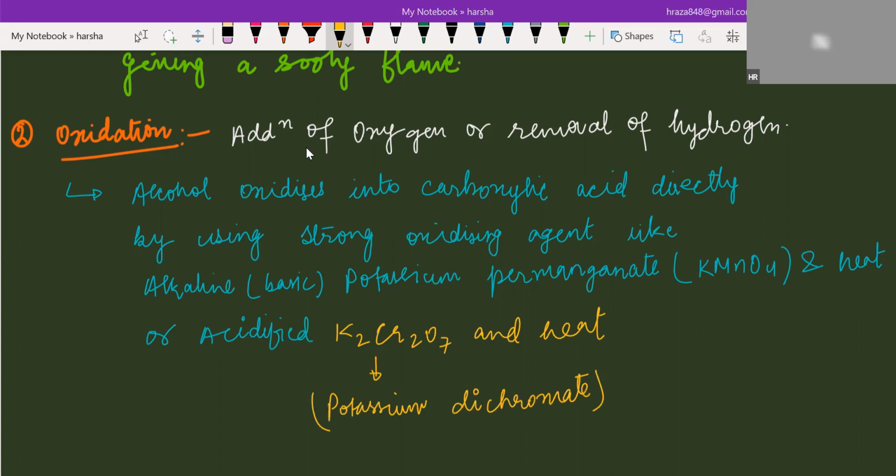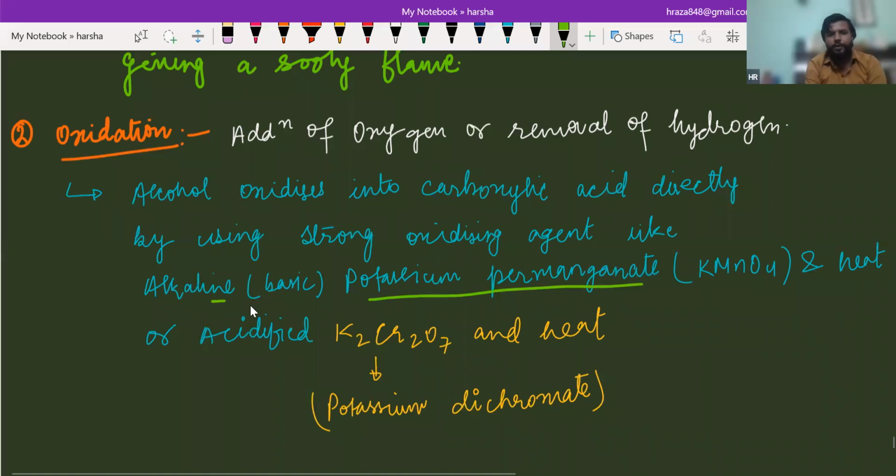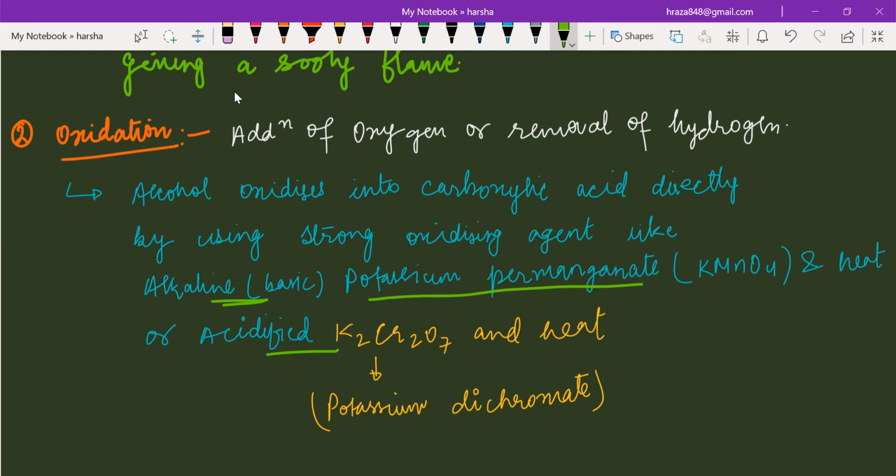So alcohol is directly converted into carboxylic acid by using either potassium permanganate, which should be alkaline, that means basic, or acidified K2Cr2O7. So please do write it and let me know. Then I will show you the reaction, which is very, very easy.